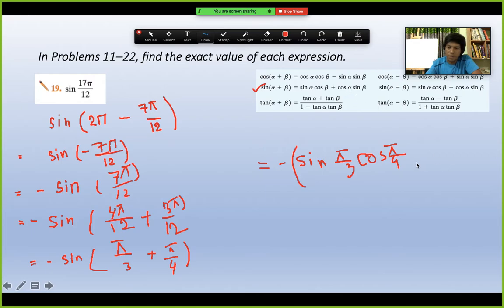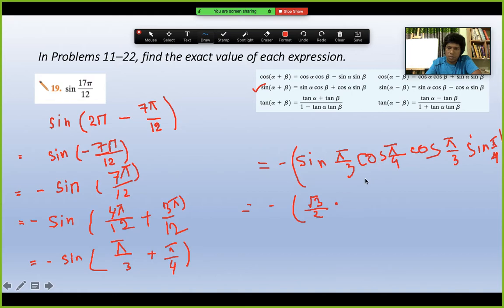Then cos alpha sin beta. Alpha means the first angle, so this is cos pi by 3. Then sin beta means sin of the second angle, sin pi by 4. Then we can just put the values here. So minus, sin pi by 3: pi by 3 means 60 degrees, sin 60 degrees means root 3 by 2.